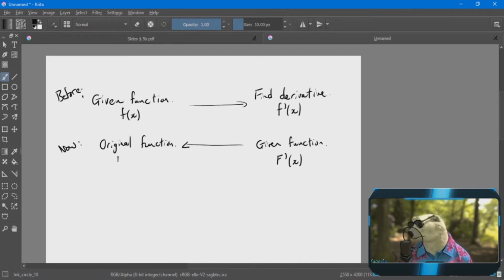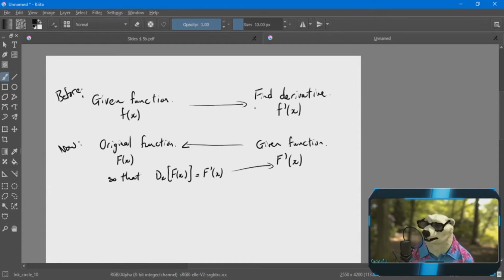So that, let's call it f of x, so that the derivative of this original function is my desired given function. So before we were given a function, we take the derivative, we find the derivative, and we do stuff with that.